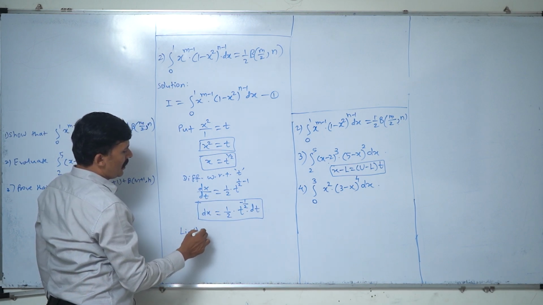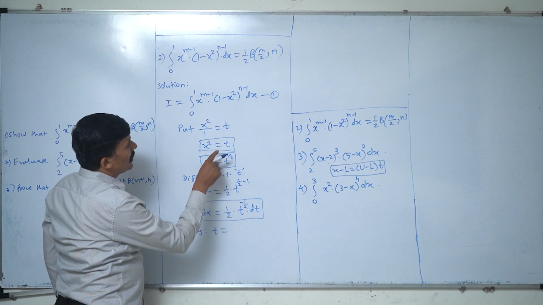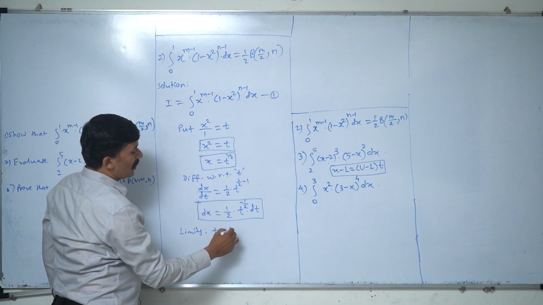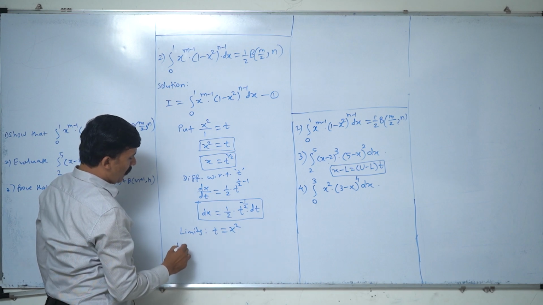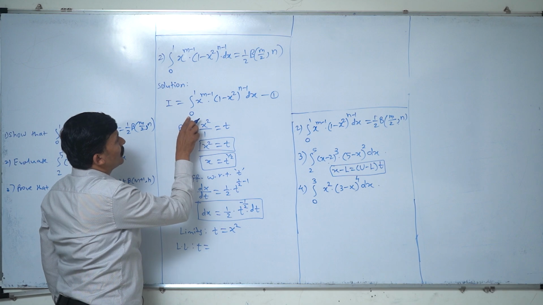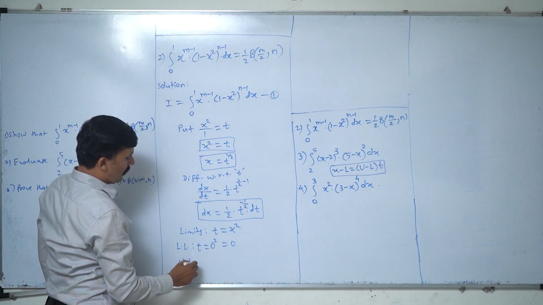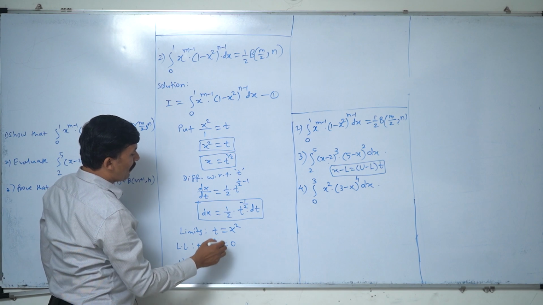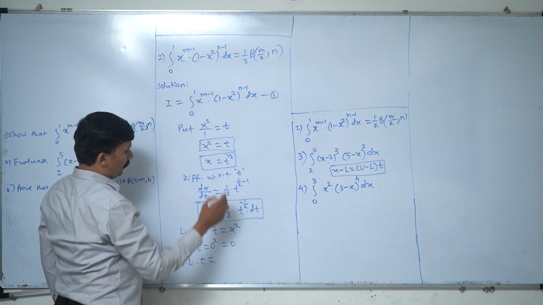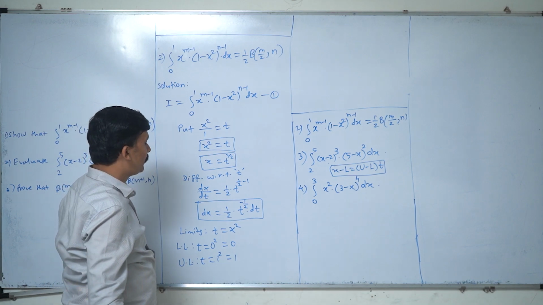After dx, limits. Now what are the limits? Use the relation between t and x. So t equals x square. Lower limit: what is the lower limit of x? 0. So 0 square is 0. Then calculate the upper limit. What is the upper limit of x? 1. So t equals 1 square is 1.